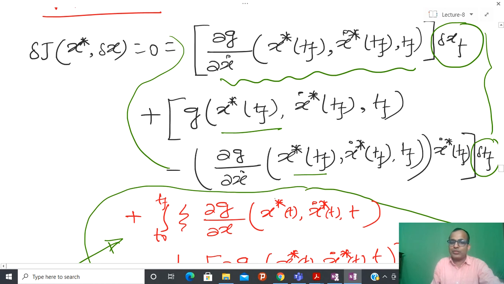The integral equal to 0 provides us the Euler-Lagrange equation. How do we reconstruct the natural boundary condition? By solving this equation: because delta xf is arbitrary, not fixed, in order to make the variation equal to 0, we have to force the coefficient equal to 0.